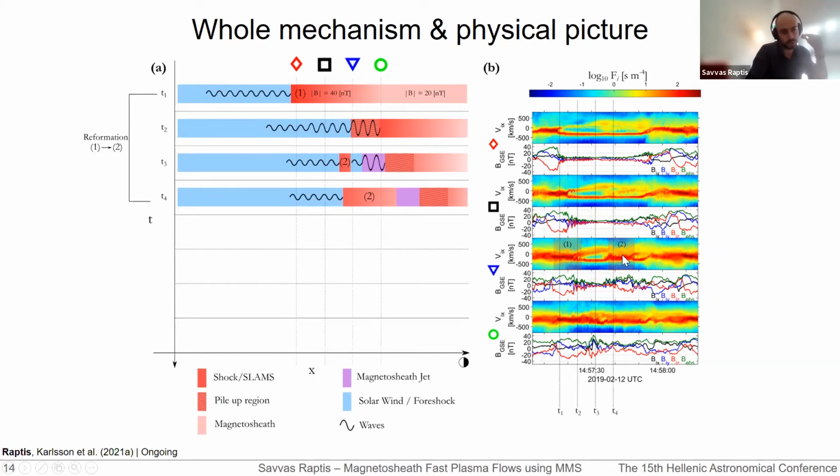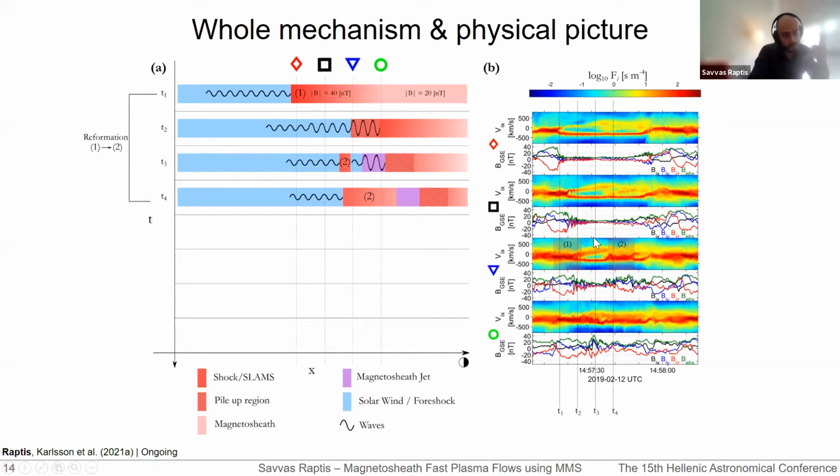So this is pretty important, because what it effectively means is that we get another shock front in front of the previous one that effectively allows a kind of trapping mechanism for the solar wind in between the two structures to continue downstream of the shock. So this kind of creates a reformation cycle, so to say.